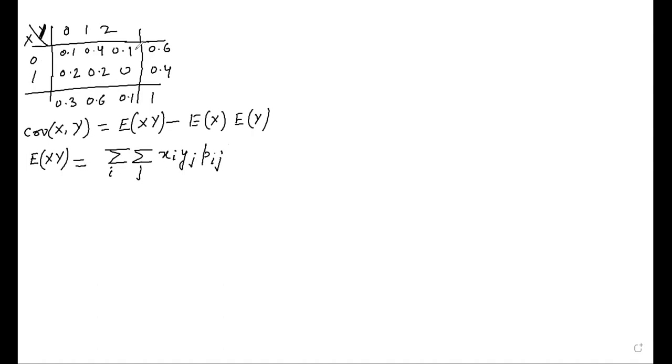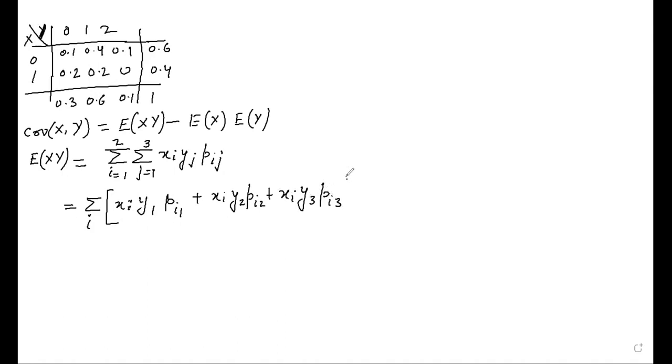We have 3 values of Y and 2 values of X, so j varies from 1 to 3 and i from 1 to 2. First we take the summation over j: xi y1 pi1 plus xi y2 pi2 plus xi y3 pi3.